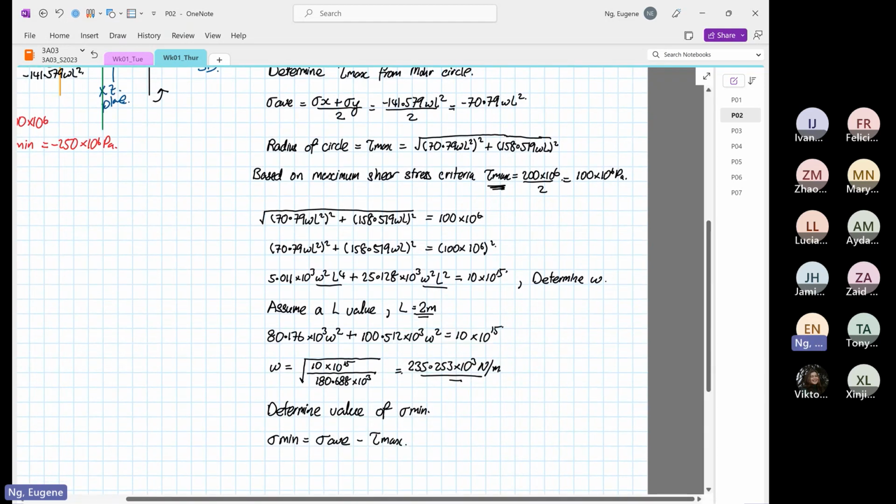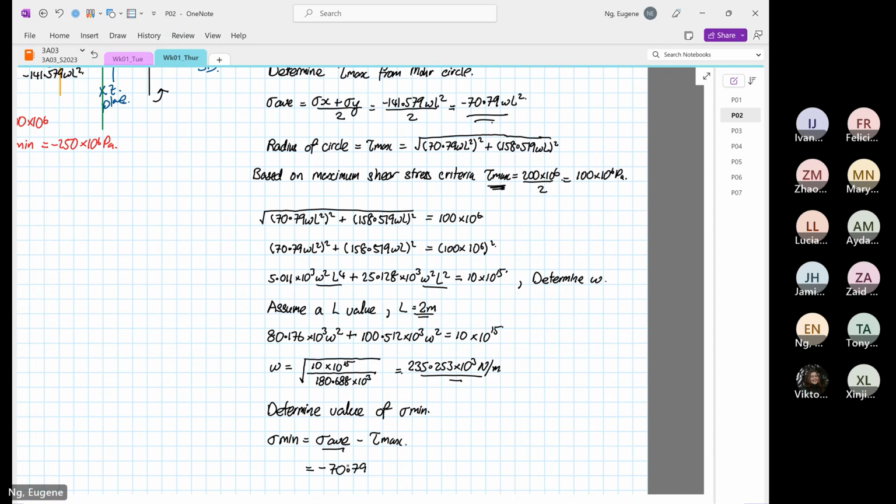So stress average over here, I'm going to use this equation over here. So minus 70.79. Then we are going to multiply by our omega, which we found, 235.253 times 10 to the power 3, and then the length squared is going to be 2 squared. And then we're going to minus the tau max, which is 100 times 10 to the power 6.